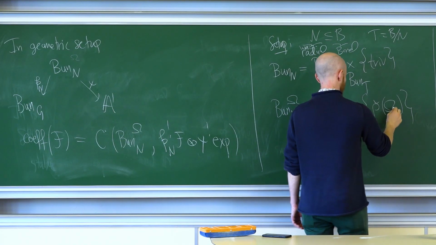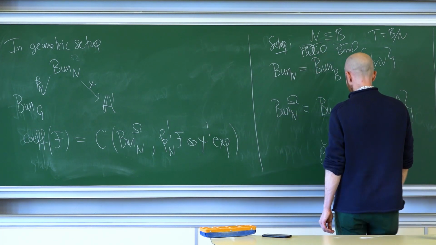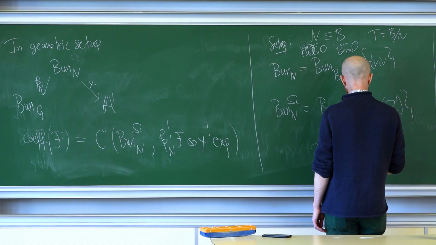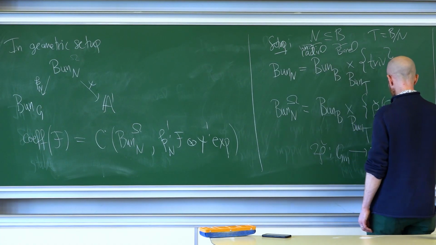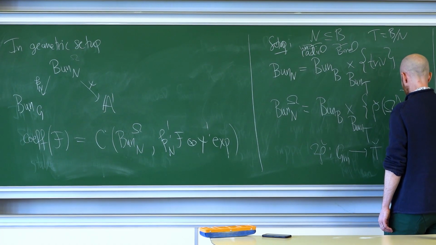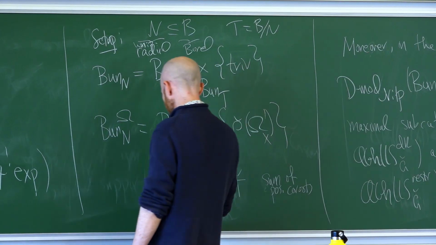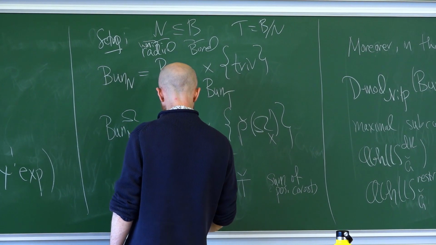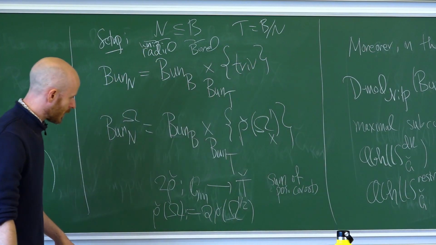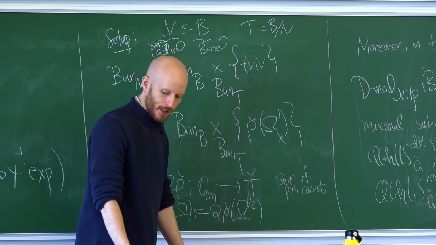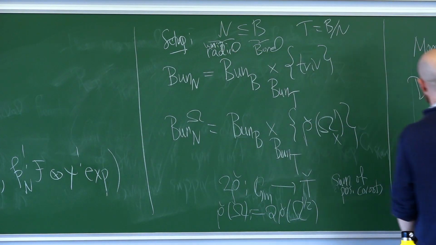Here, 2 rho check is the map from G_m into G check, or even into T check, which corresponds to the sum of the positive co-roots. And then rho check of omega, by definition, means 2 rho check of the square root of omega, where one of the secrets is that because omega has even degree, I'm allowed to choose the square root of it, and I secretly chose one before the discussion started.